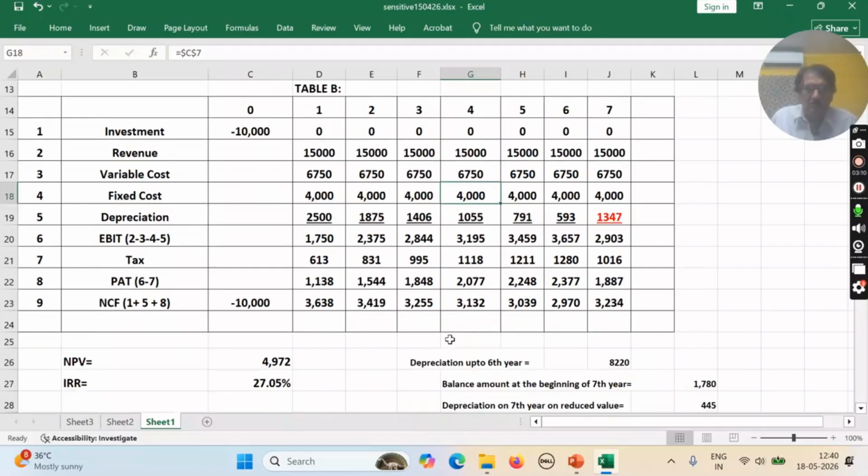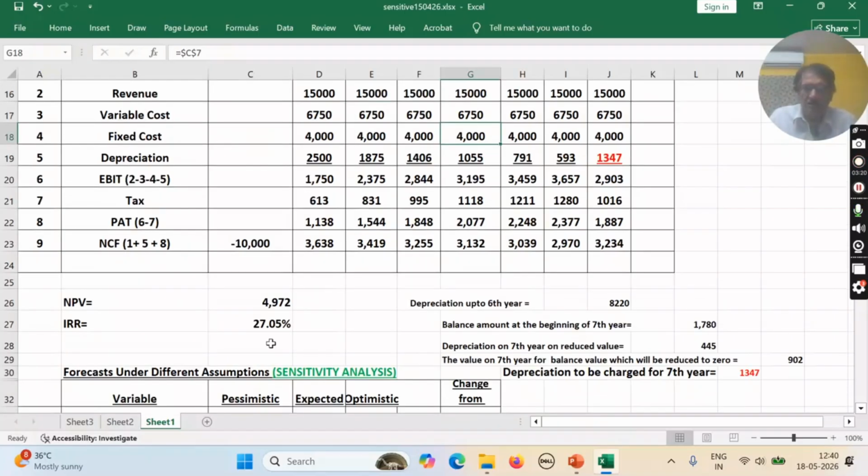I am not going to discuss in detail here again because I have already prepared one video. I will give the link. You can see there. I have discussed there in detail. And this is the NPV by using the formula of NPV. It is calculated. If I change any value, then the NPV will be changed instantly.